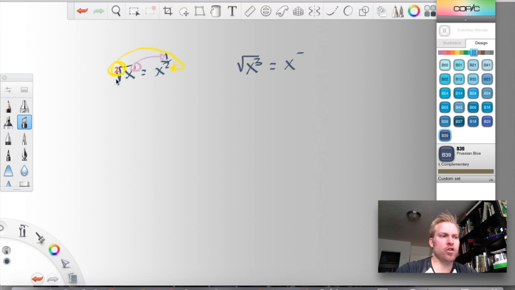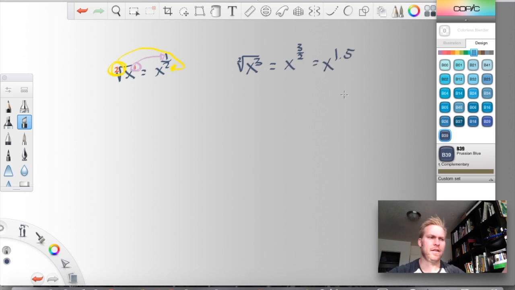Well, if I go back over here, you'll remember that the power of our root will go into our denominator spot. So in this case, this is a square root. If there's nothing written there, it's actually really a 2. So I know I'm going to have a 2 down here, and then the exponent of my x will go up here into my numerator spot like so. So I would have x to the 3/2, which you could also write as a decimal if you wanted to, which would be x to the 1.5 power.